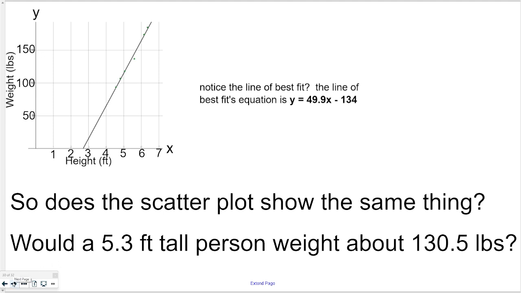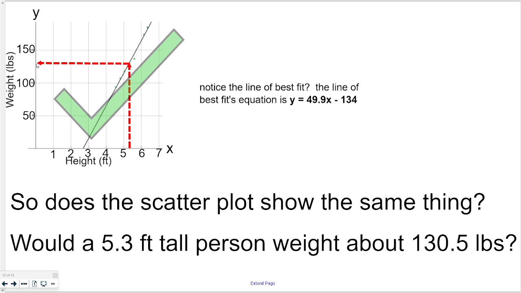Well, go to where you think 5.3 is on your x-axis. I think it's about right here. Then I'm going to go straight up until I hit my line of best fit, and then all the way over to the y-axis. This is above the halfway spot between 100 and 150. So the halfway spot's about 125, probably right about here.